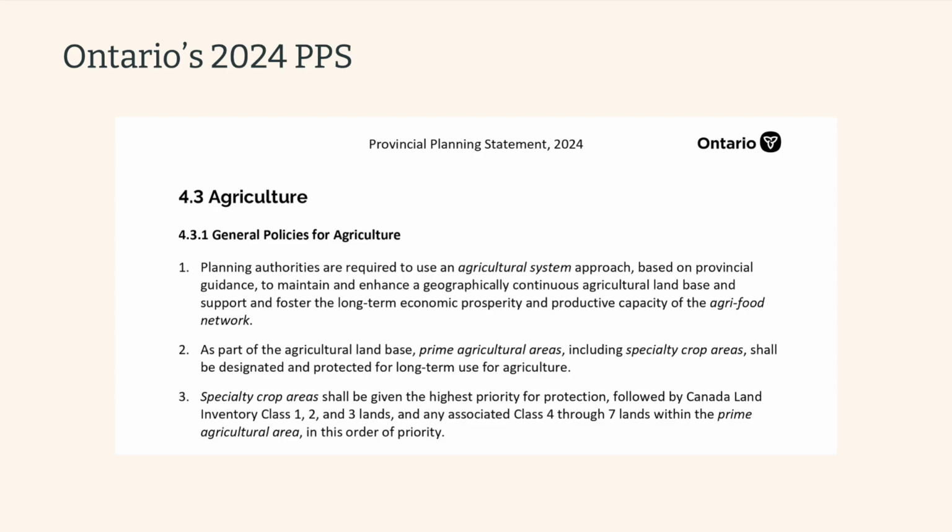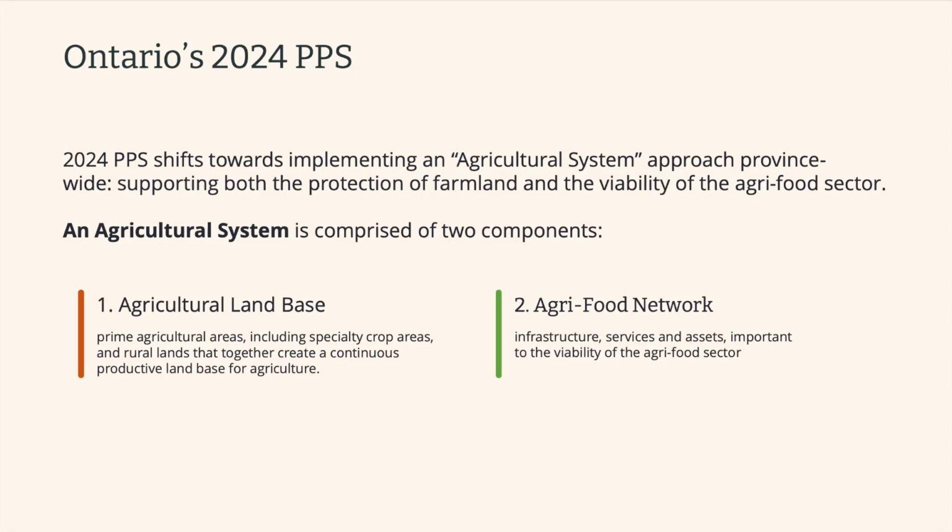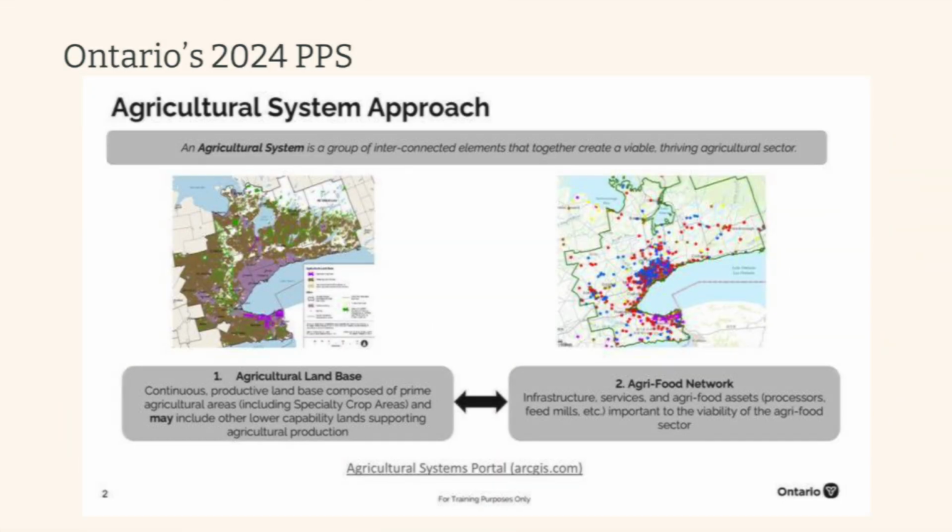ConnectON. In 2024, Ontario released a Provincial Policy Statement, or PPS for short, placing a stronger emphasis on using an agricultural system approach to planning across the province. An agricultural system approach means municipalities are expected not only to protect agricultural land, but also to understand and support the broader agri-food network.